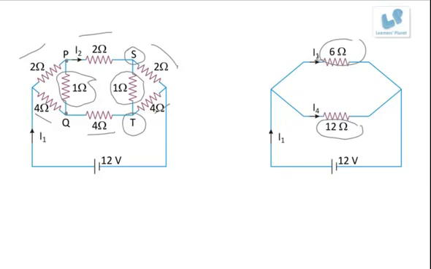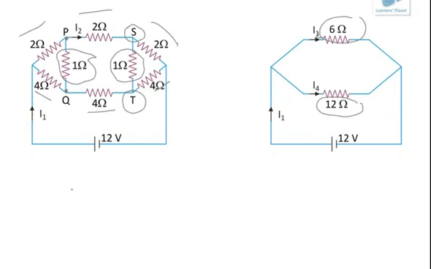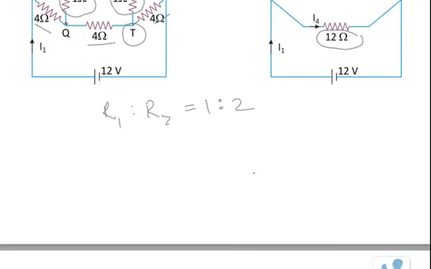Since 6 ohm and 12 ohm are in parallel, the ratio of their resistance is 1:2. Therefore the current would be the inverse of this ratio, that is 2:1.